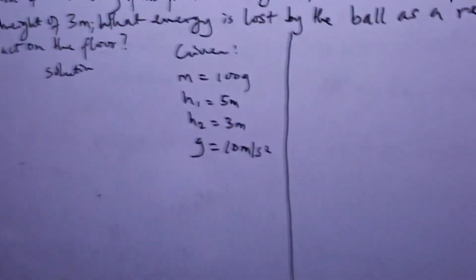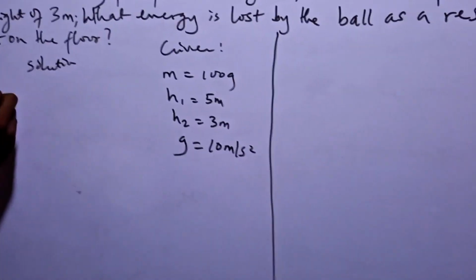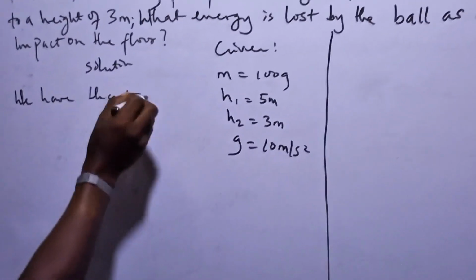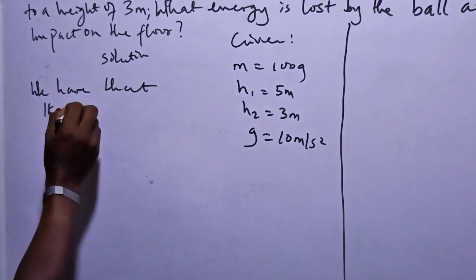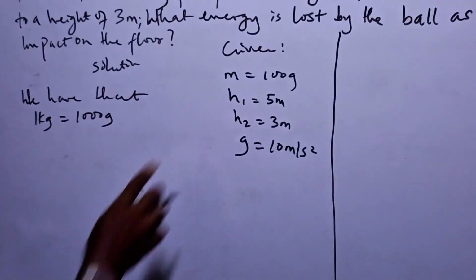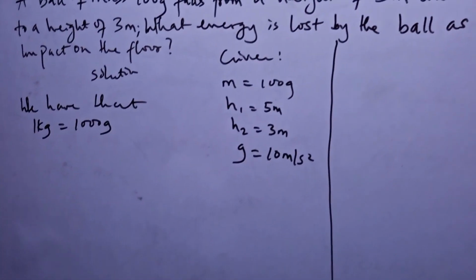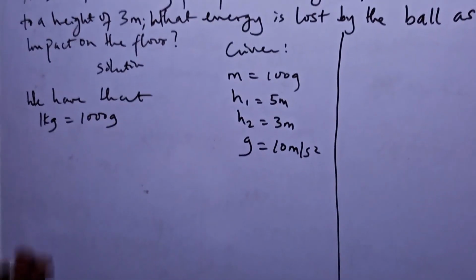Now, we have that 1 kilogram equals 1000 gram. Remember, the mass is given in gram, and we have to convert it to kilogram.